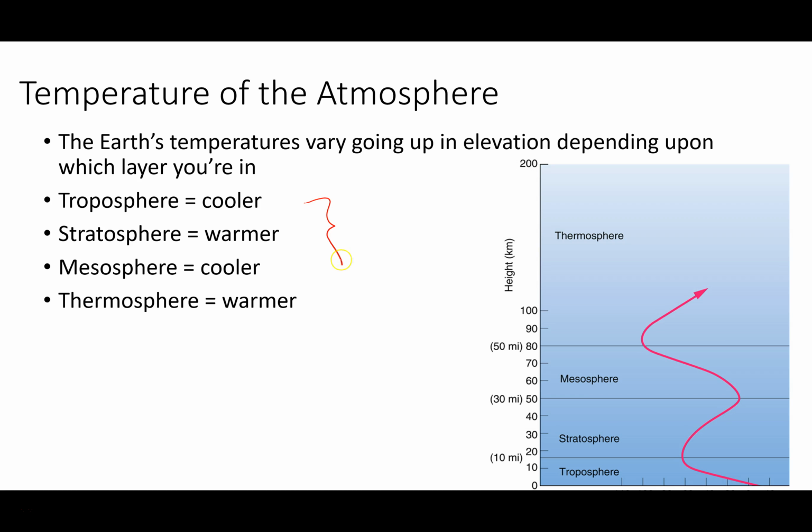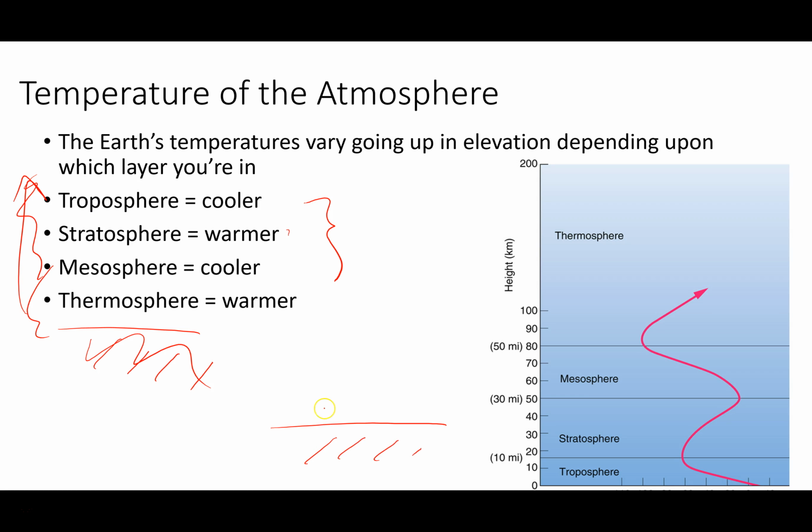These are the layers of the Earth's atmosphere. This is the Earth surface going up. The other thing I would point out is that within the troposphere, as we go up, we get cooler. If this is the Earth's surface, we have the troposphere, and then above the troposphere, we have the stratosphere.